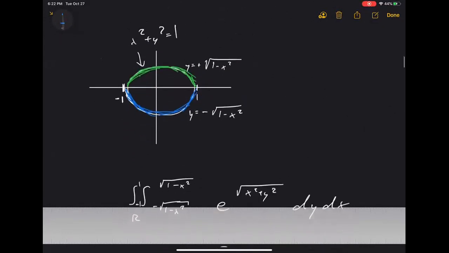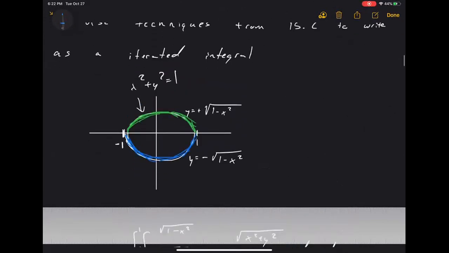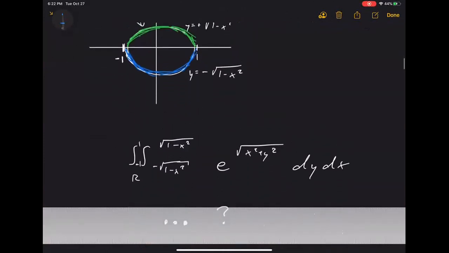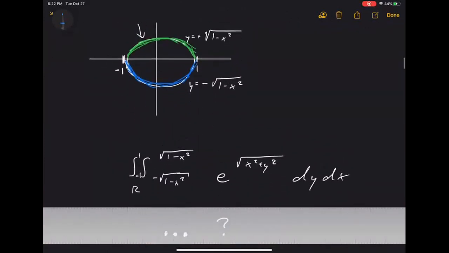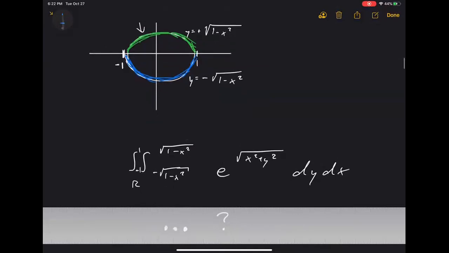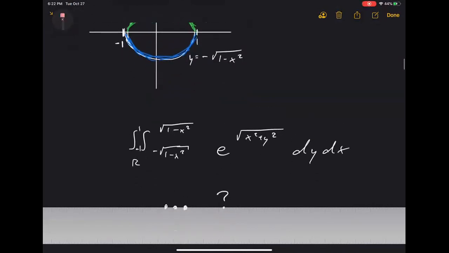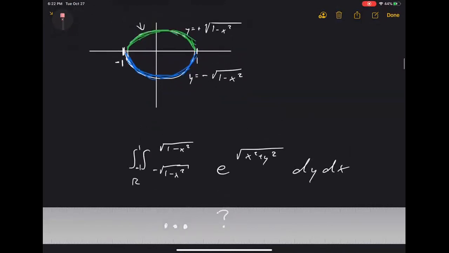Okay, and so we could write our bounds for our integral fairly easily, but then integrating this function would be really hard. So in this case, maybe the problem is not the bounds, but how do we even go about trying to integrate that function? This is a function that should be fairly easy to integrate using polar coordinates.